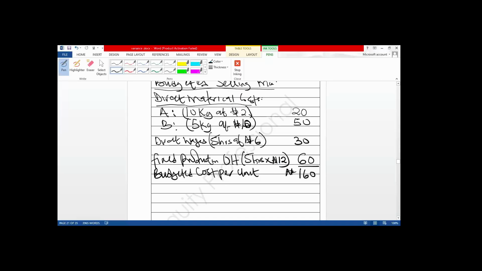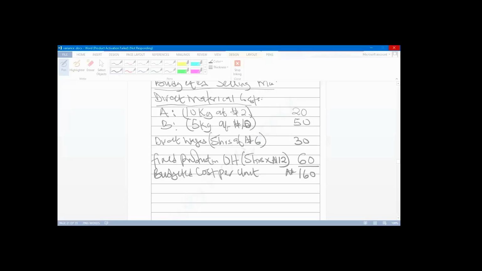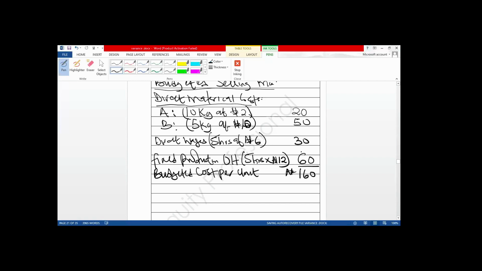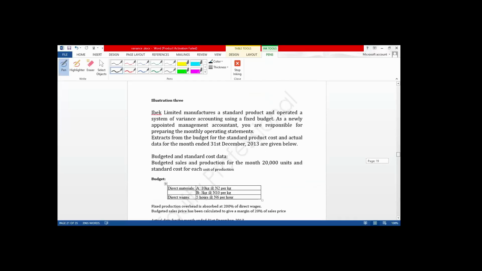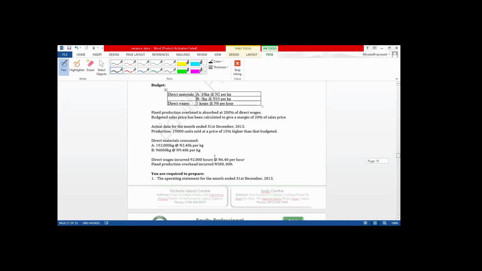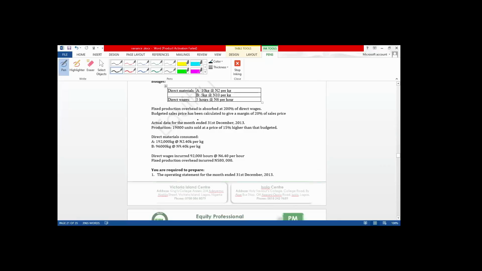Examiner now says look at it please. Your budgeted selling price has been calculated to give a margin of 20% of sales price.